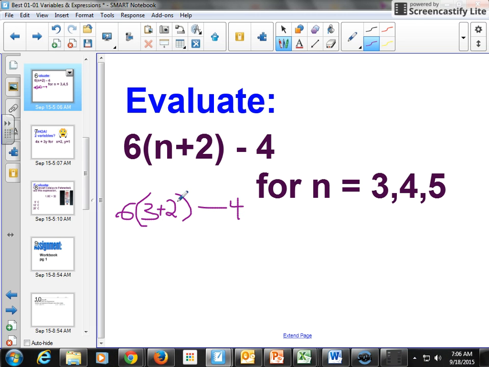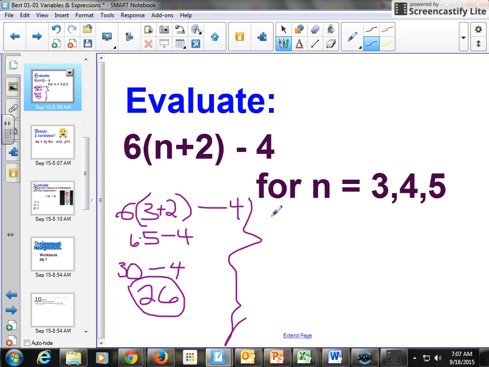First order of operations says do the parentheses, so that's 5. 6 times 5, and then minus 4. I apologize for my writing. My normal tool isn't working, so I'm using the mouse. 30 minus 4. Final answer, 26. That was evaluating for n is 3.